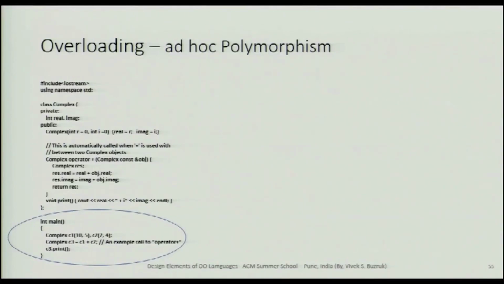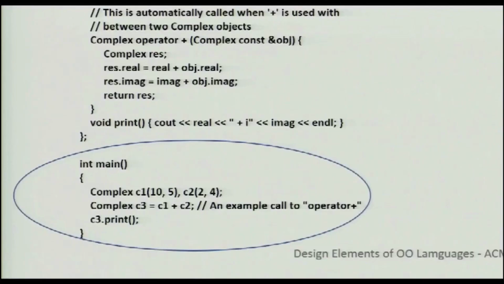The reason I am talking about ad hoc polymorphism again is that I want to show some examples. Like in C++, an operator can be defined: you can define operator plus, as you can see here, a complex operator plus is defined as part of this complex class, and this plus operator now allows you to use it.